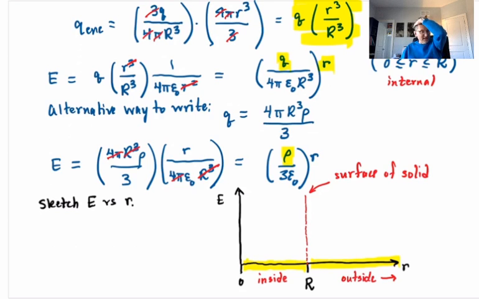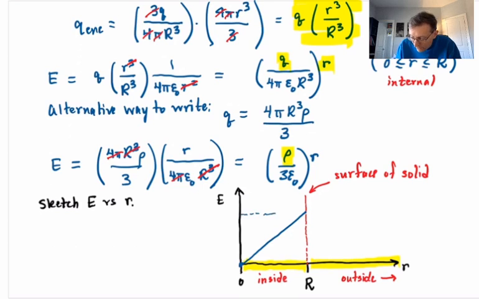And what does this electric field look like? Well, when you're in the interior region, you have to use the formula for the interior electric field: Q over 4 pi epsilon 0 big R cubed times little r. Here's the key thing, times little r. When little r is 0, it's 0, so it starts at the origin and grows linearly, with a slope equal to Q over 4 pi epsilon 0 big R cubed.